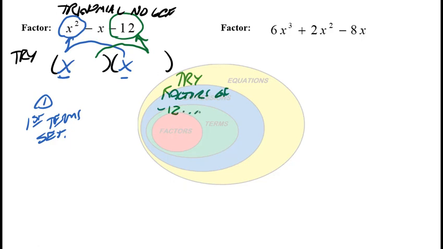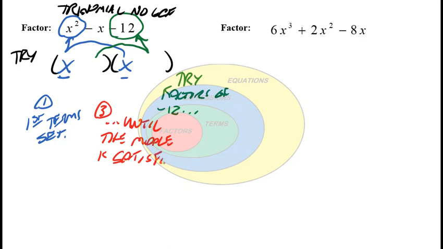So as I try factors of negative 12, I'm going to be checking until the middle term is satisfied. So let's try factors of negative 12.